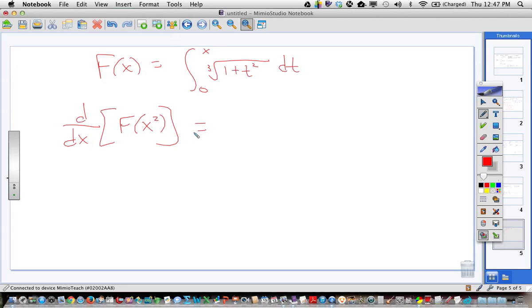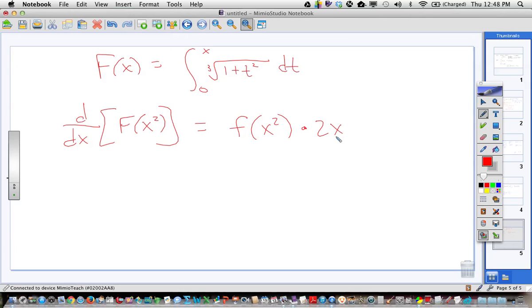Now, I think we should have been able to at least get started with this. Forget this part up here right now. Just look at this line here. What is the derivative of big F of x squared? Little f of x squared times the derivative of the inside.